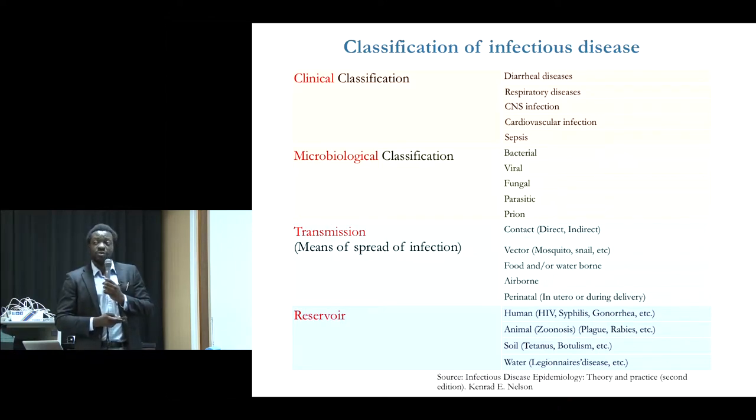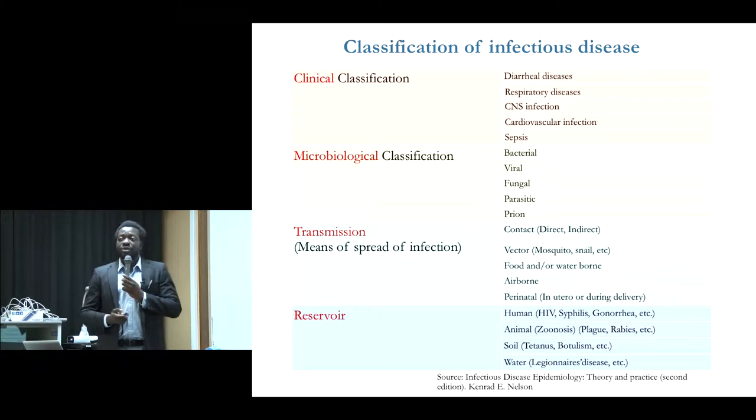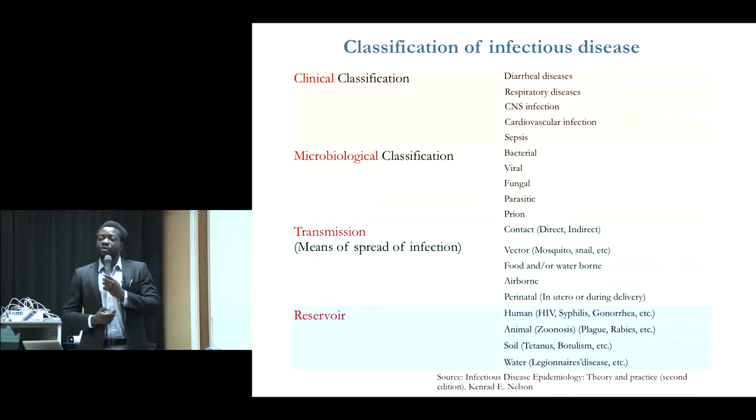We have a vector, mosquito, for example, transmitting malaria or dengue fever. Food and waterborne diseases, there are a lot of them, typhoid fever. Airborne disease, measles, influenza, you can name it, and perinatal, from mother to child during delivery, for example.